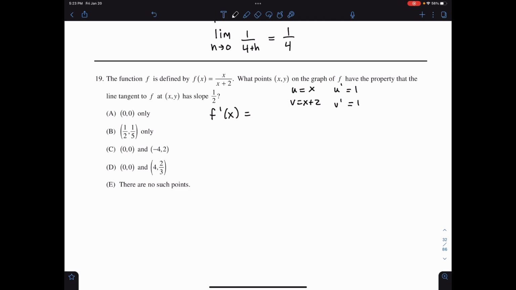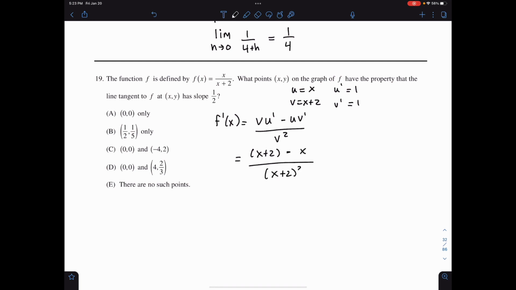Okay, so now f prime of x, if you remember from the quotient rule, is equal to low, so the v, d high, which is u, minus high, which is u, d low, which is v, all over v squared. So now plugging in values, I get x plus 2 times 1 minus x all over x plus 2 squared.